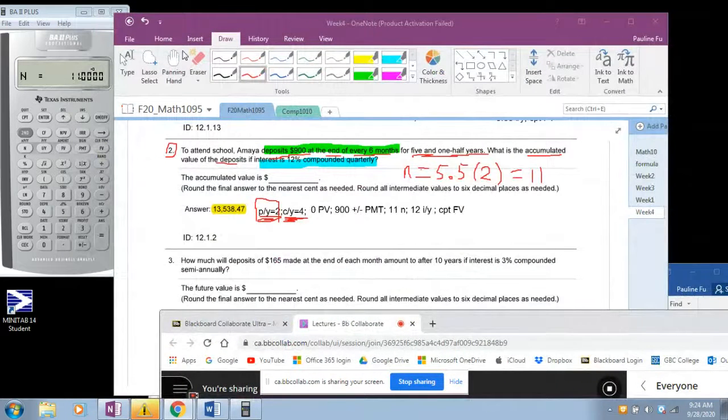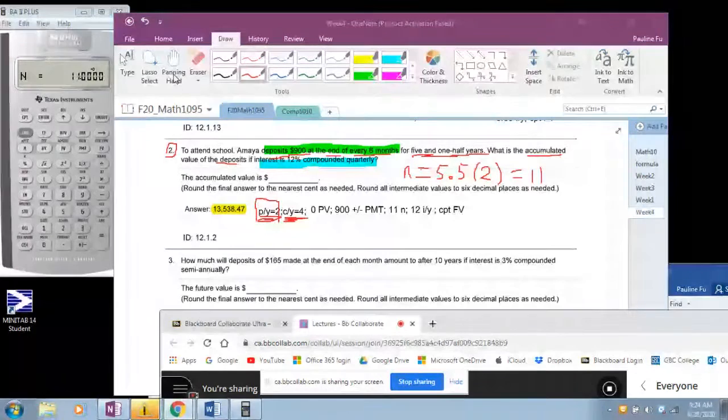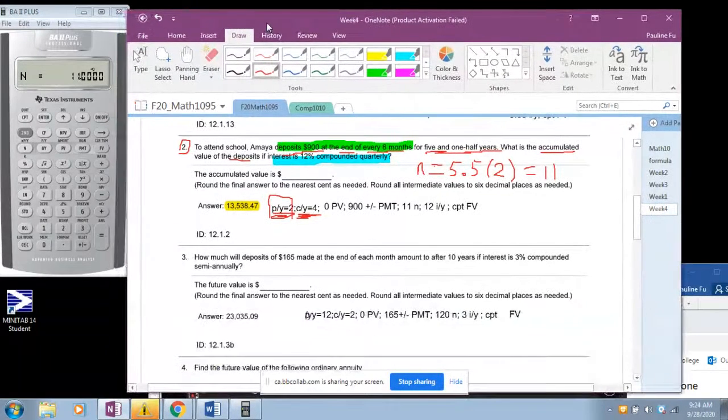So I entered N 11. So what am I going to calculate? What is the accumulated value? The question asks you to compute FV. So compute FV. I got it wrong.